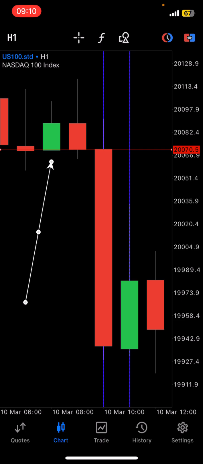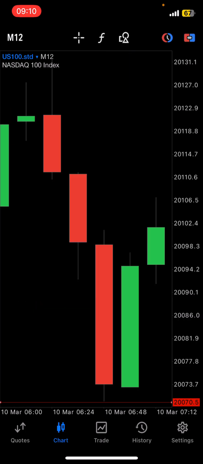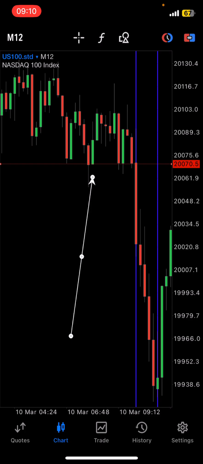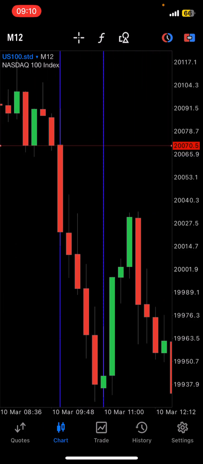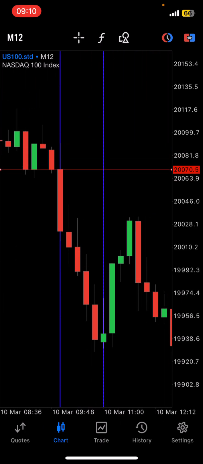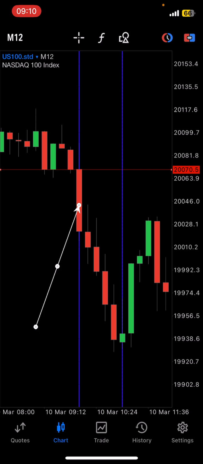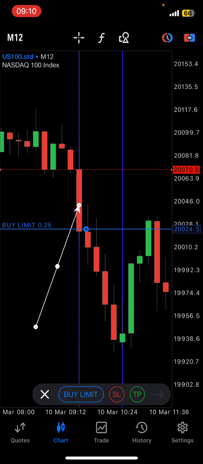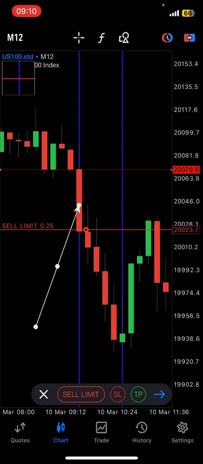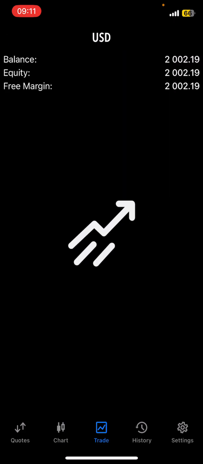The bears are still in the market, so we're still looking for sells. So now we come in here, and the first candlestick that we get is a large down candle. So on the next candlestick, we sell.